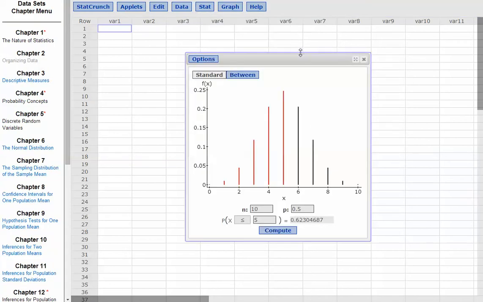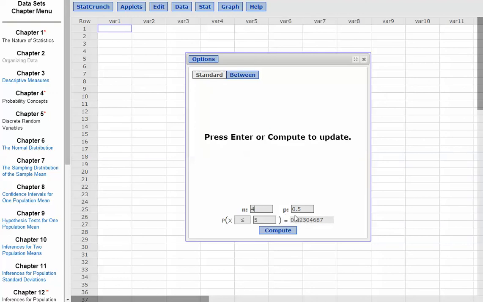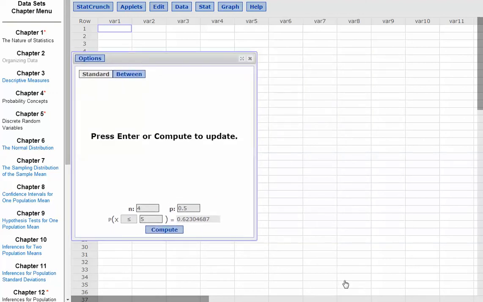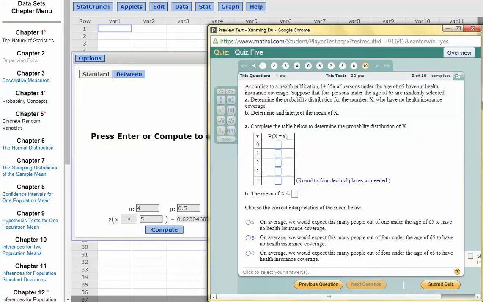Now down here we have N is 10 and P is 0.5, but our N is not 10, our N is 4. And what was our P? I don't remember, so you go back: 0.143.